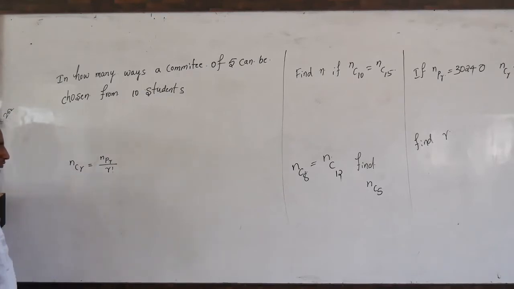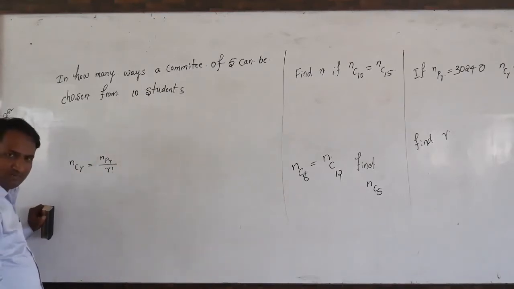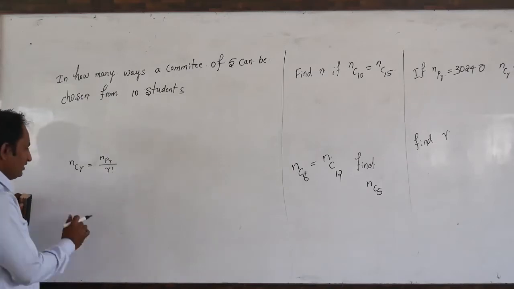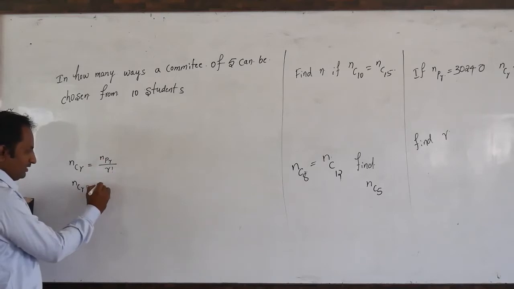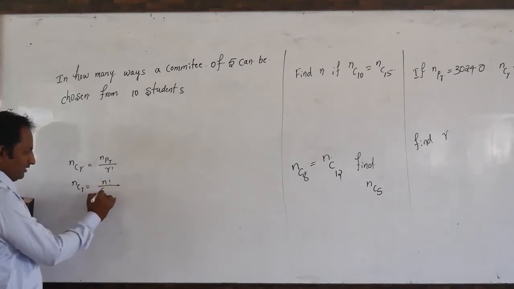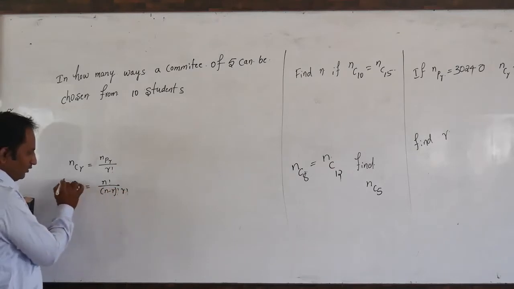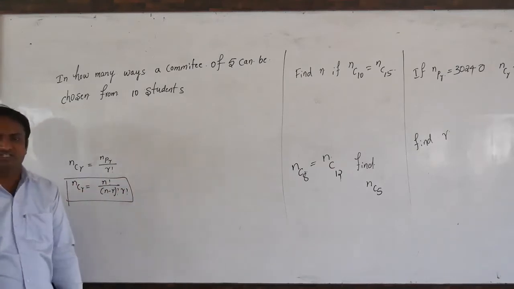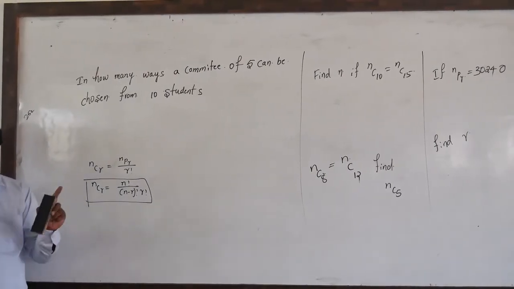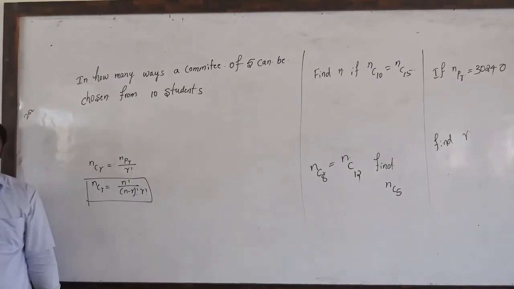So nCr is equal to n factorial divided by (n minus r) factorial into r factorial. This is our formula for the combination section. Combination means a selection of things.